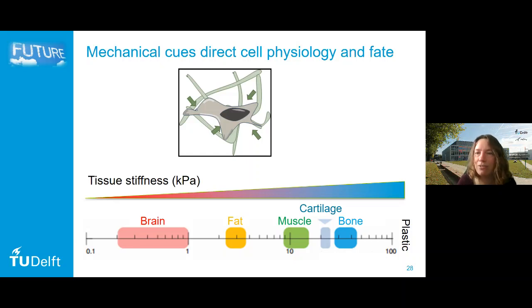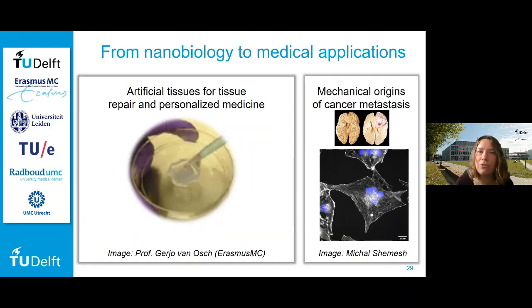And we want to figure out how that actually works, why this is happening, but also whether we can maybe use that. So can we use it together with researchers at the Erasmus Medical School to make artificial tissues that we can use to repair damaged or aged tissues, or that we can use in personalized medicine to test drugs.